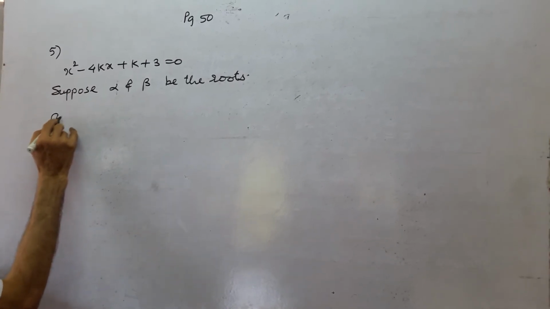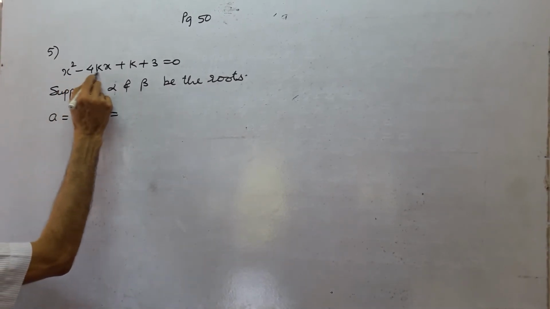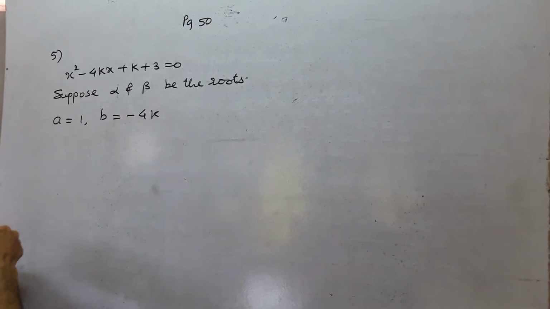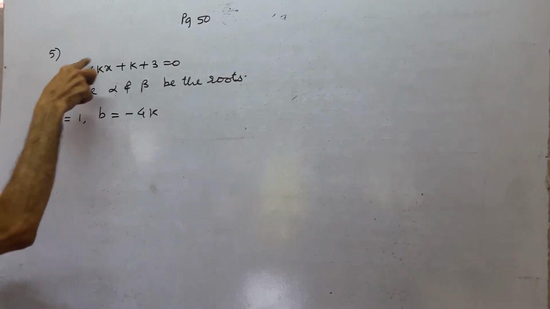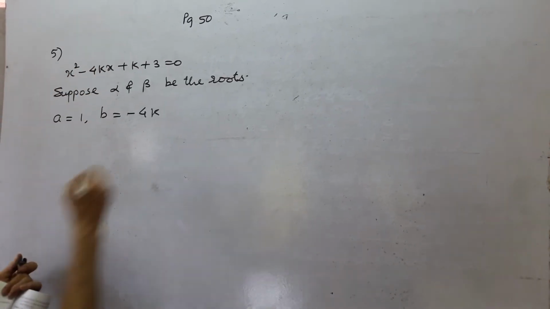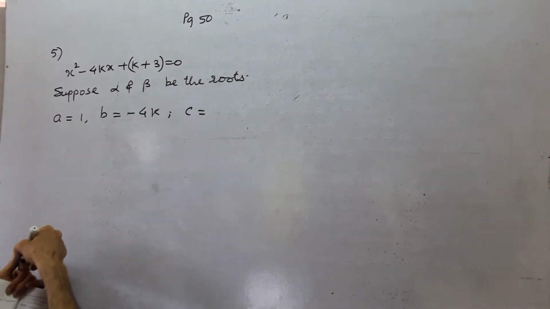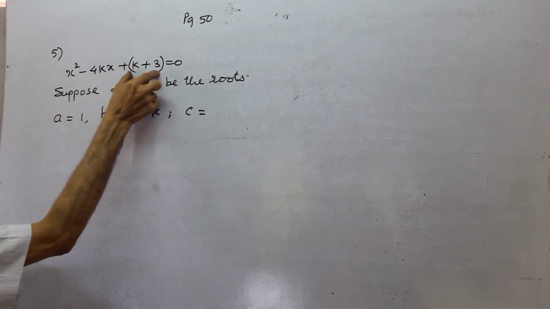So here a is equal to 1, b is equal to minus 4k, except x, whatever the term is there, that is the coefficient. Take note of this. And c is equal to, this is c. So once again, x square plus bx plus c equal to 0.